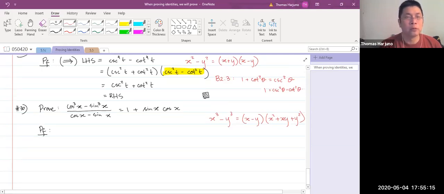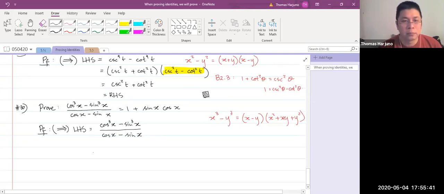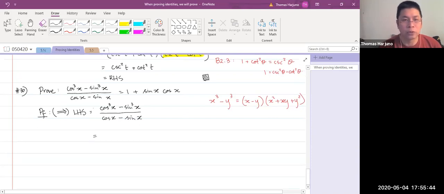So, from the left hand side, cosine cube x minus sine cube x over cosine x minus sine x. So you use the factoring. What do you get on the top?